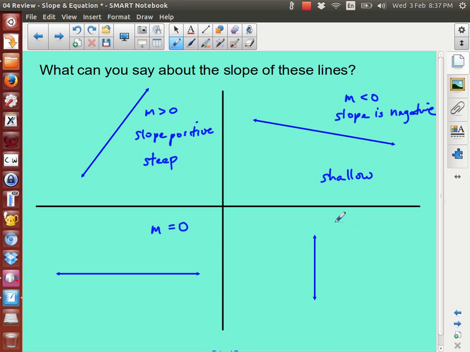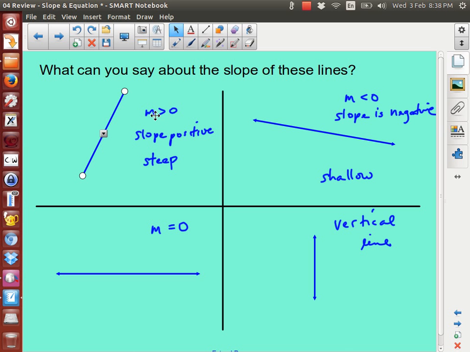Here we have a vertical line. And so what about the slope of this one? This would have been a large positive number. This one would have been a small negative number. Our vertical line is like our positive slope steep line, in that if we kept turning this further and further, if I tilted it more, what could we say?